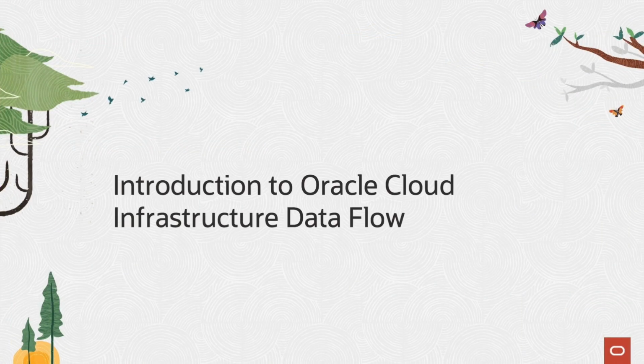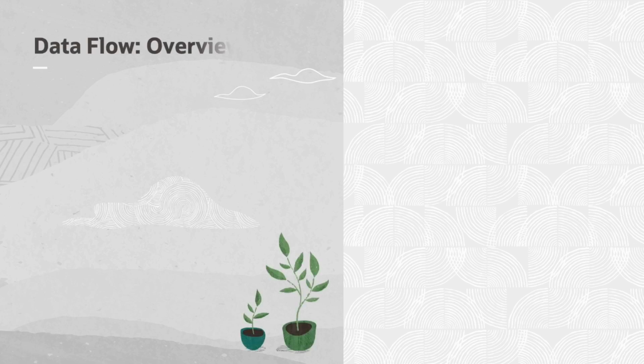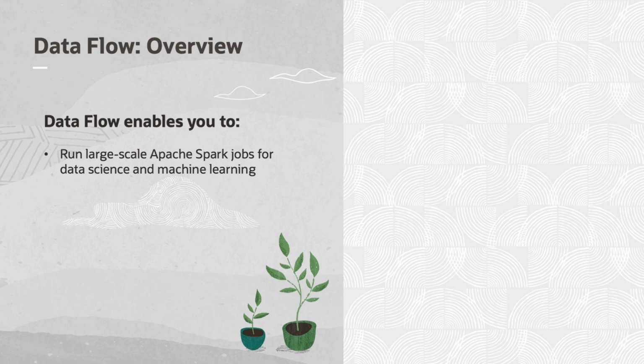So let's go over first an introduction to Oracle Cloud Infrastructure data flow. Data flow provides a scalable environment for developers and data scientists to run Apache Spark applications in batch execution at scale.